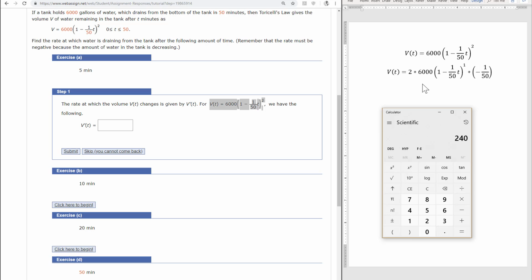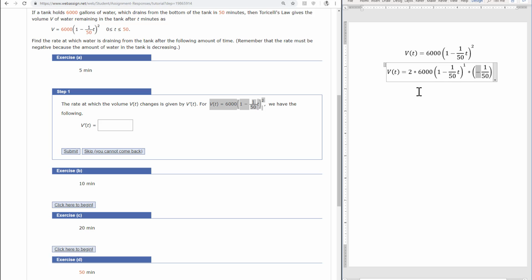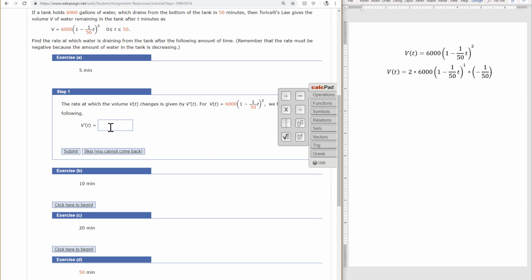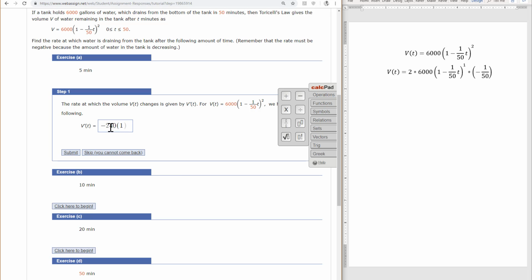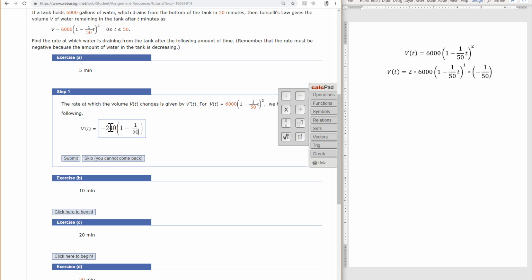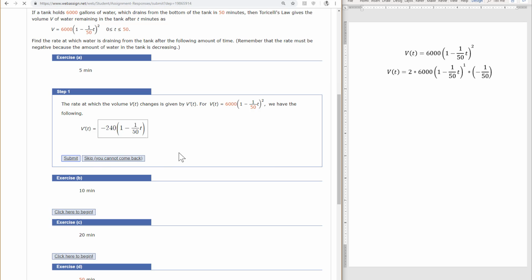So I'm going to have a factor of 240, and remember that that's going to be a negative, so that's going to be my solution, negative 240, and that is going to be multiplied by 1 minus 1 over 50 times t. Let's make sure that the t is not in the denominator, and it's to the first power, so we can just close the parentheses, and I think we're good. And so that should be the derivative.